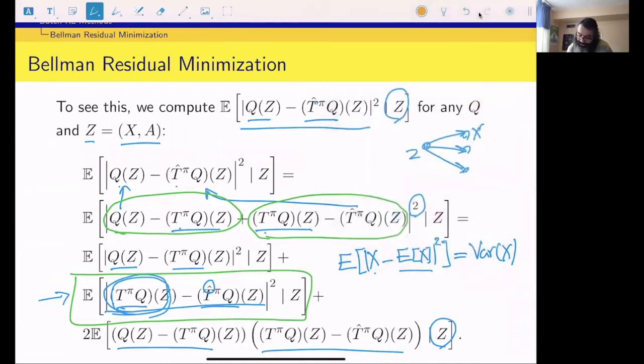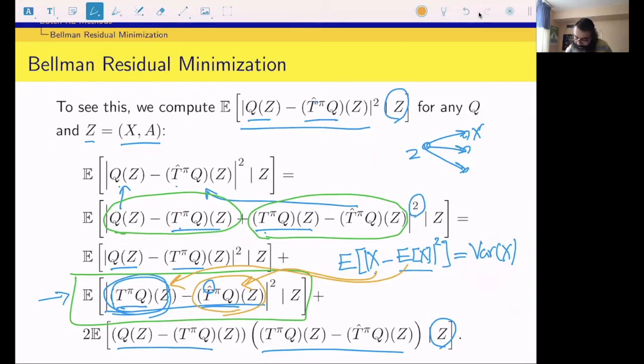So this x plays the role of this term, and this expectation of x plays the role of T pi Q. And why is that?